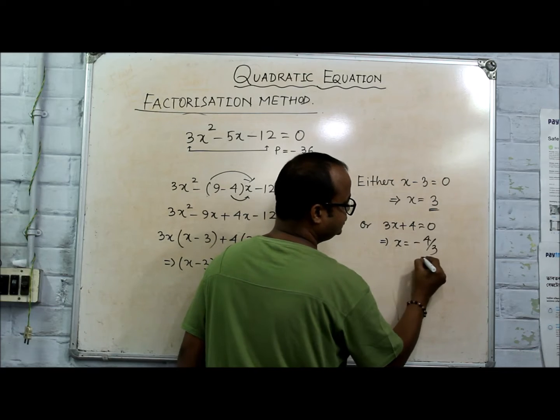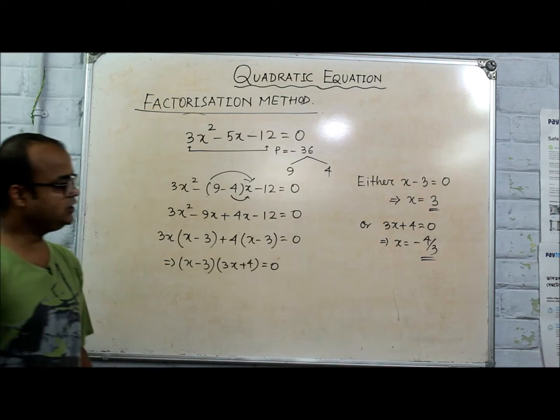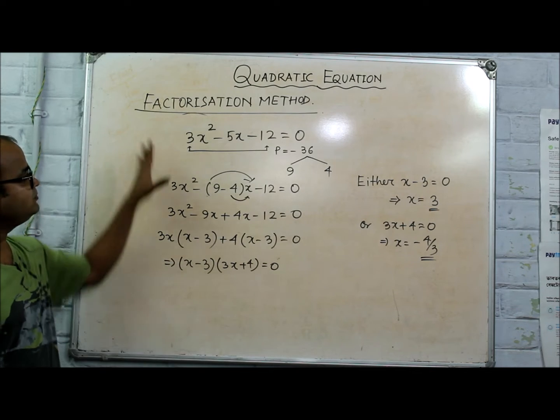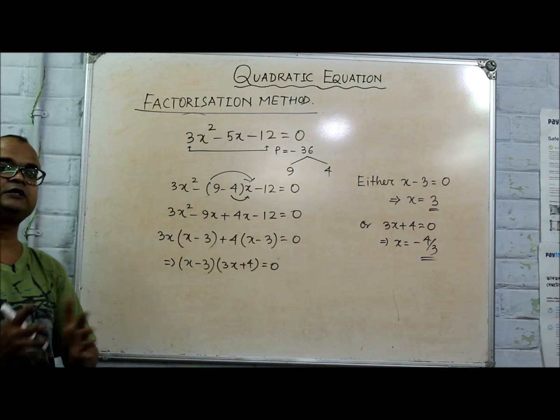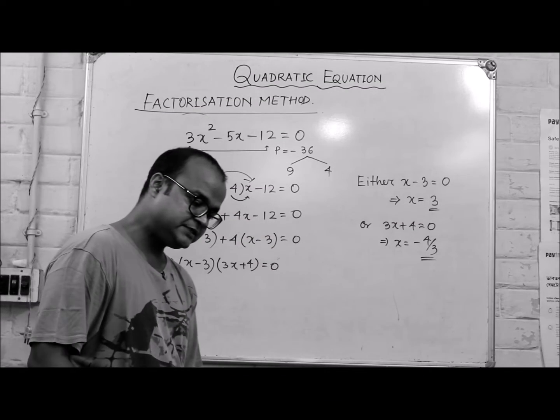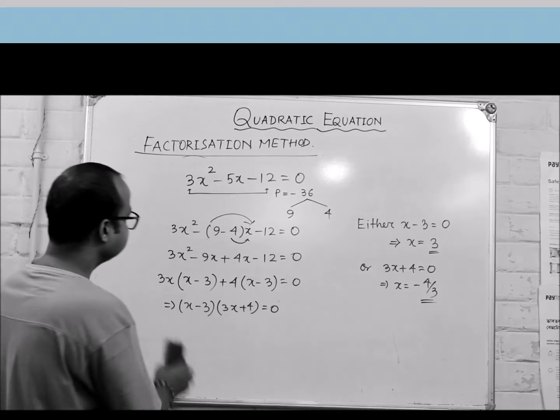So x is equal to 3 and x is equal to minus 4 by 3 is a solution of the corresponding quadratic equation. Now let us take another example.